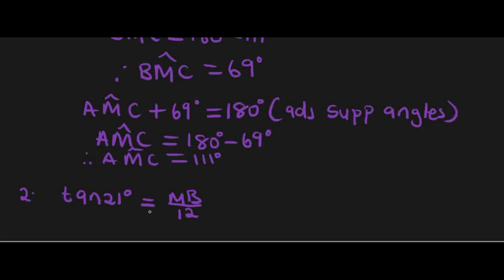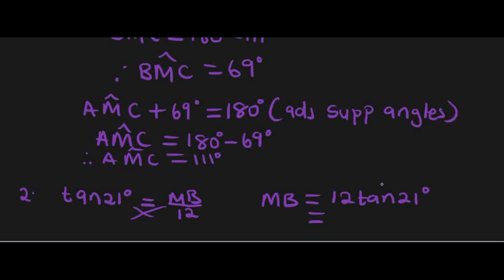Then if we cross multiply here, we will have MB is equal to 12 times tan 21 degrees. Therefore, if we put this information in a calculator, we will get 12 tan 21 degrees.